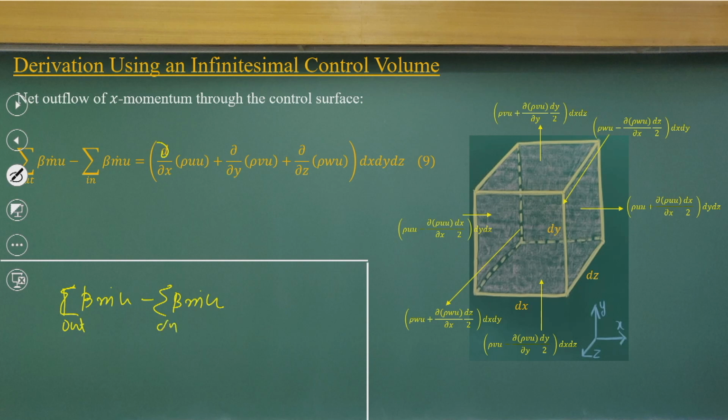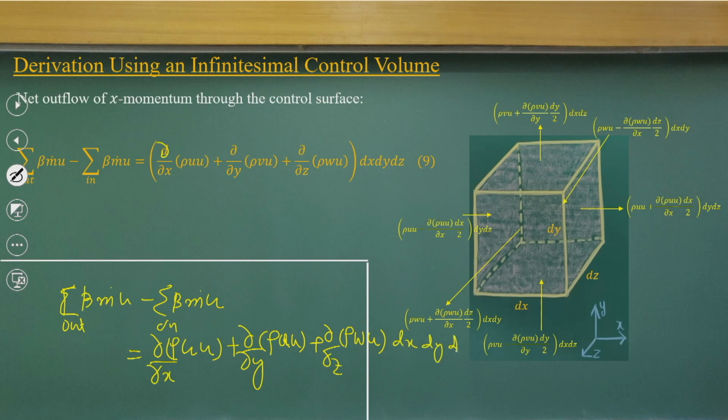That will come as del by del x of rho u u plus, in the same way, rho v u plus rho w u, times the volume of the control volume.